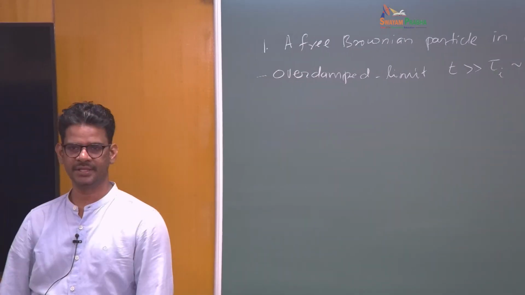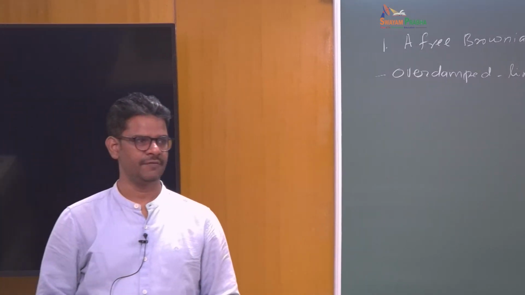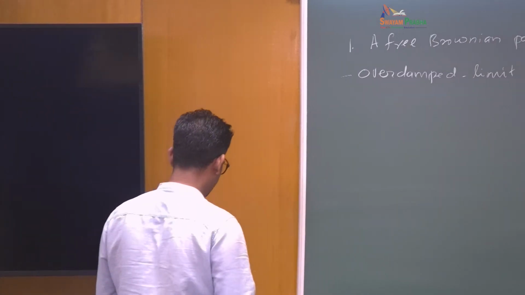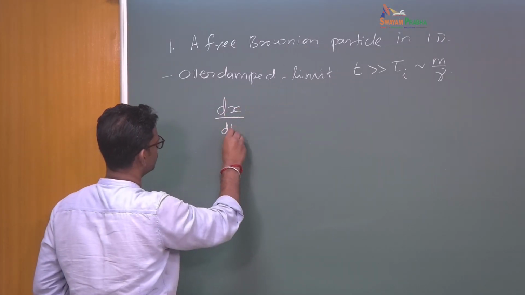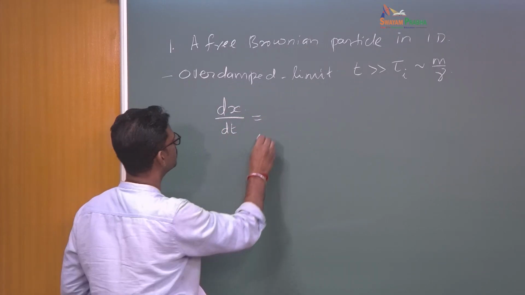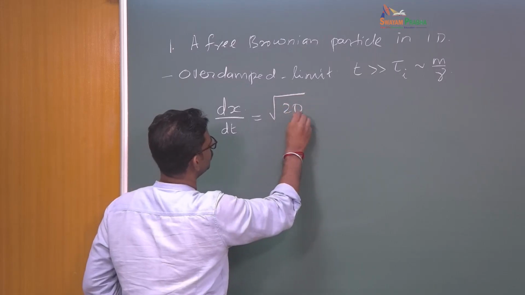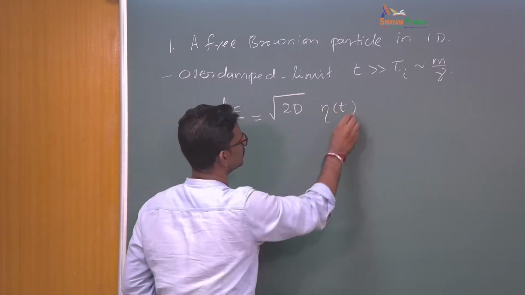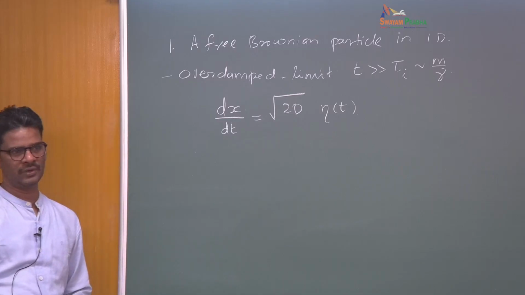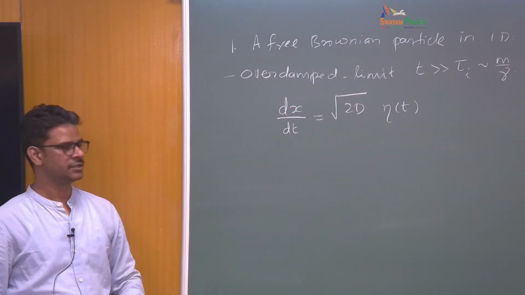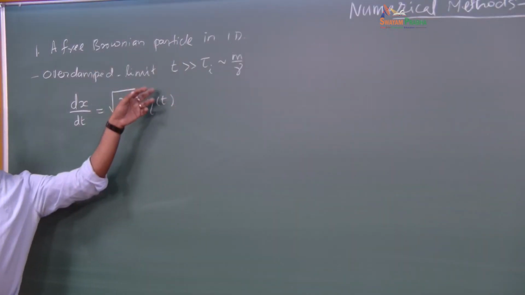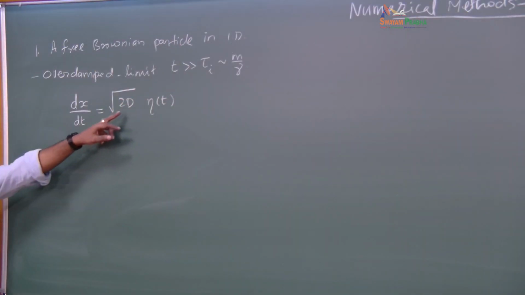Then the particle has an overdamped behavior, and we showed in one of the previous classes that the dynamics of this particle is governed by dx by dt equal to square root of 2D eta of t. So we are now only looking at how the position of a Brownian particle in one dimension changes through this random noise. This D here is the diffusion coefficient.